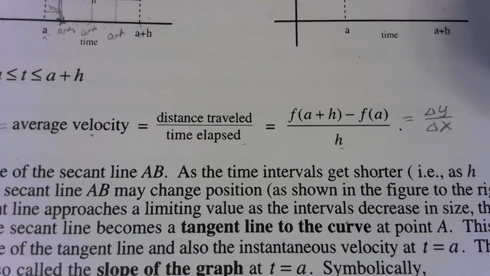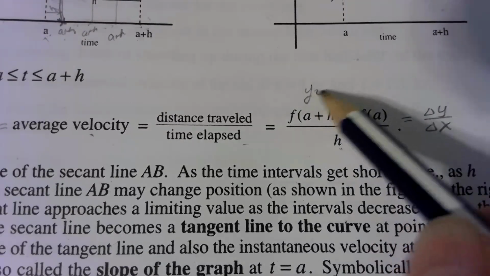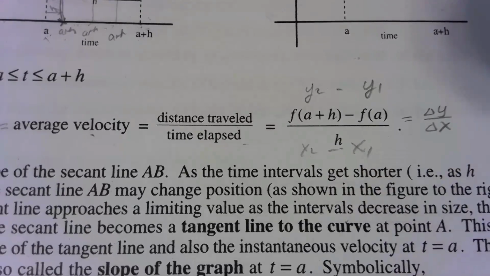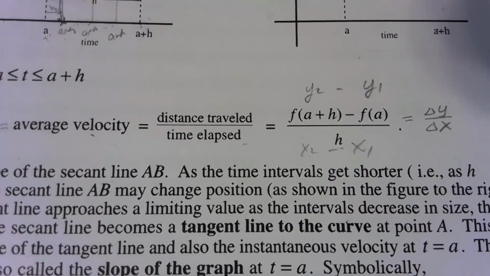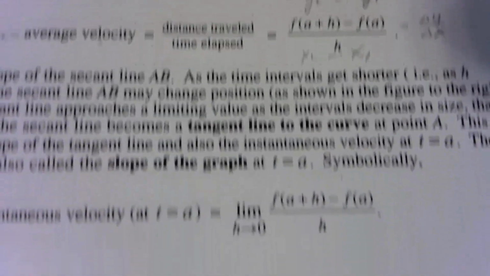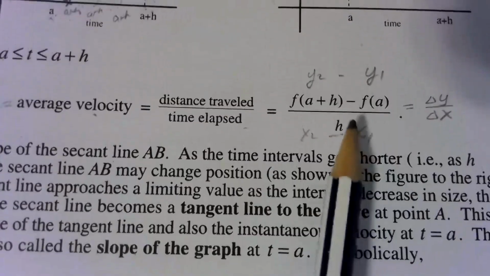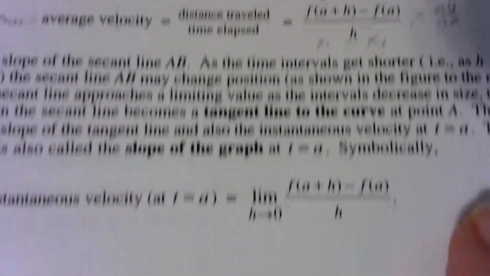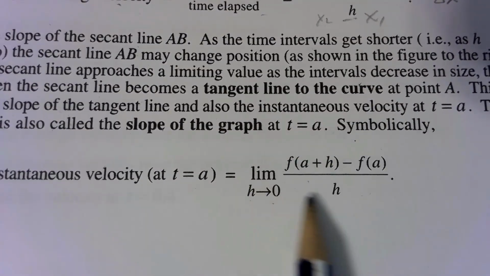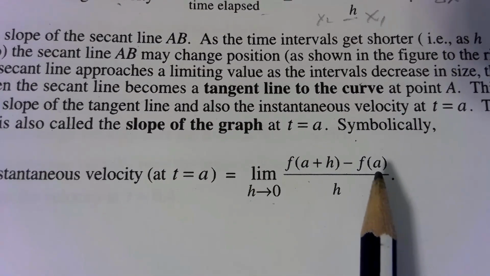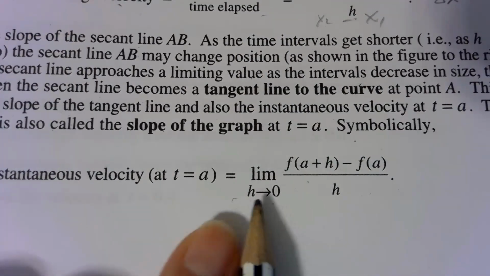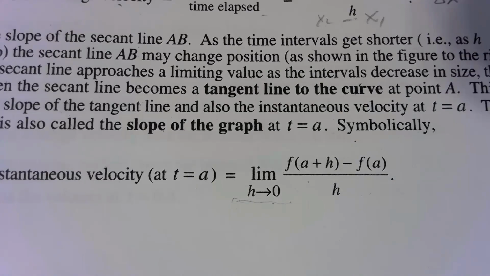You can think of this as y2 minus y1 over x2 minus x1. Down here, it's the same thing. And by the way, this is called the difference quotient. Really important. Difference quotient. Down here, it's the same difference quotient. The only difference between average velocity and instantaneous velocity is this little limit notation in front of it.